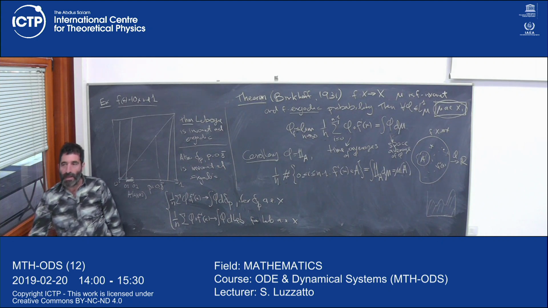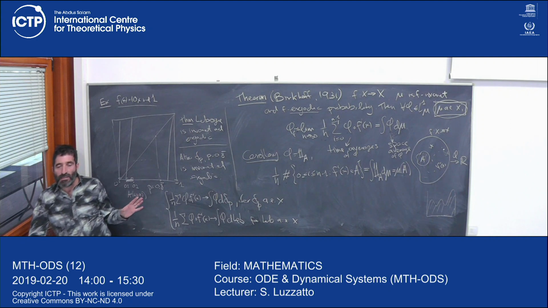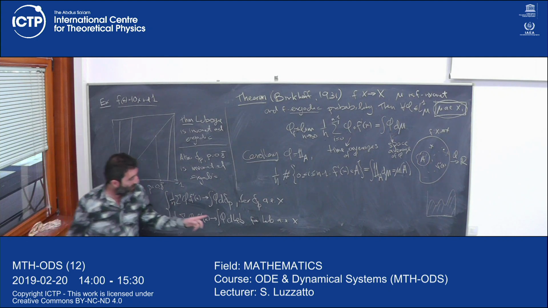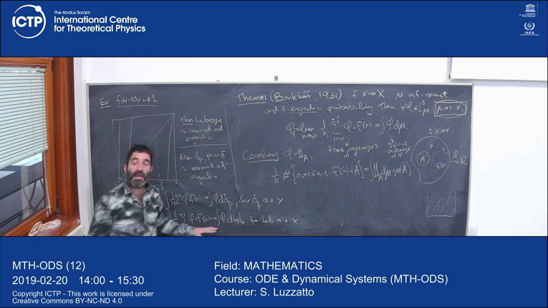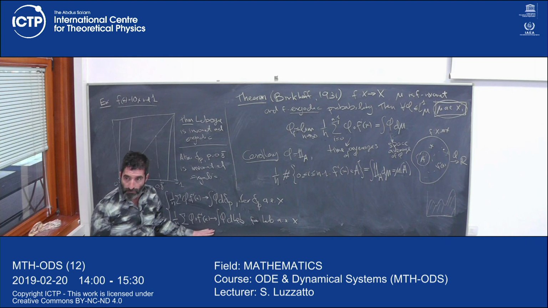What does mu almost every x mean? The set of points where it fails has measure zero. Exactly. So there is a set of zero measure for which we don't know. This statement says there is a set for which this may not be true, but this set has zero Lebesgue measure.